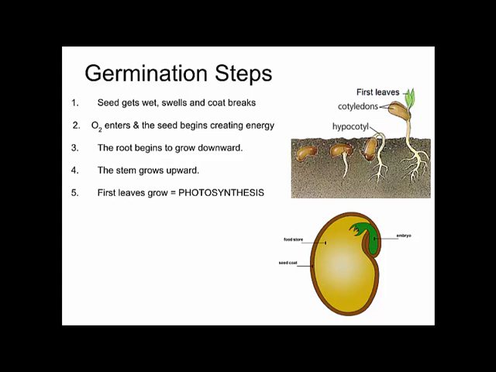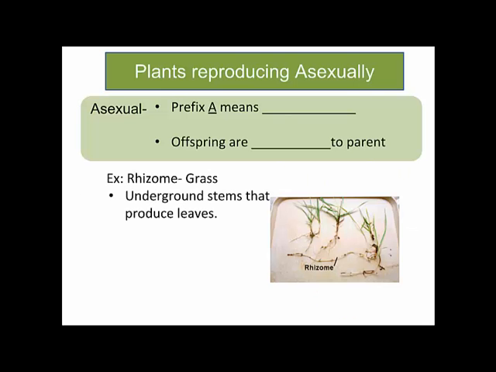The stem, using energy that's stored up, starts to grow until the seedling emerges out of the ground. And then the first leaves emerge, and once those first leaves emerge, it can start to go through the process of photosynthesis. Until that time, all the energy for its growth is coming from the stored energy inside of the seed.